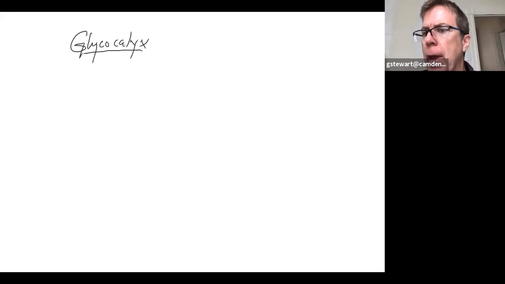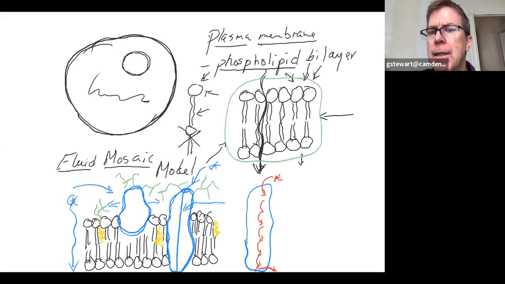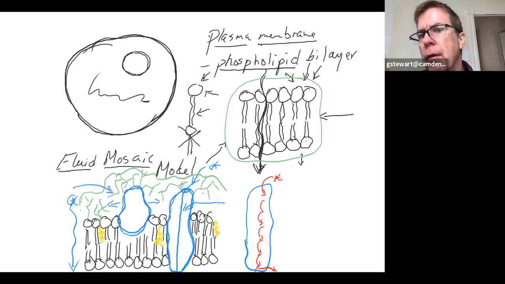So if I go all the way back to my first diagram, these green things that I've drawn, these green antennae, are starches, they're carbohydrates, and they sort of create this sugary coating, carb coating on the outside of the cell. That's really what the glycocalyx refers to. It refers to this network of carbohydrate molecules on the outside.